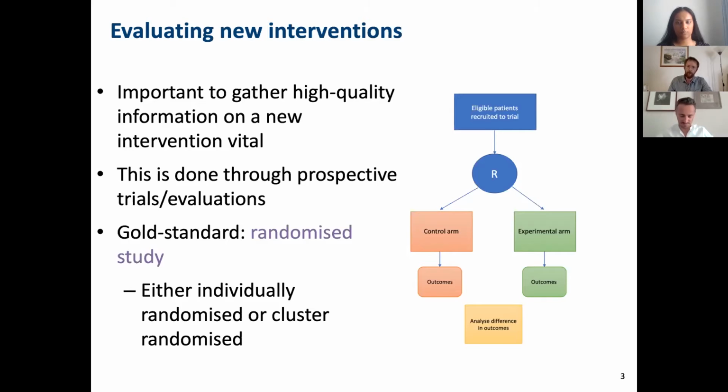That involves randomizing either participants or clusters to a control arm and to an experimental arm, then following up participants for certain pre-specified outcomes and doing an analysis at the end of whether there's a significant difference between the two arms. And if there is, by the randomization, we know that this is due to the experimental arm compared to the control, rather than other factors that might be present.